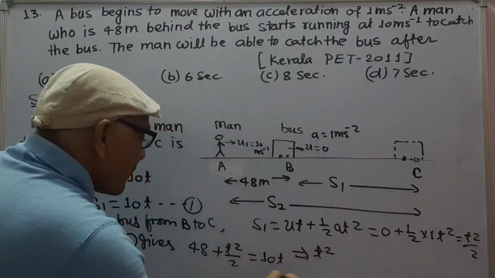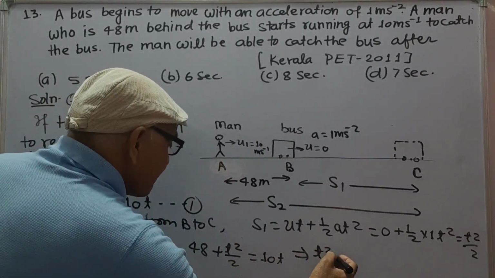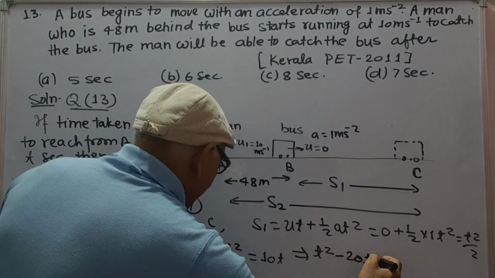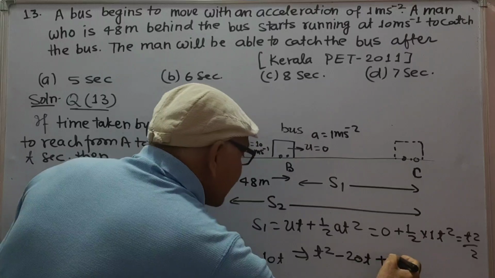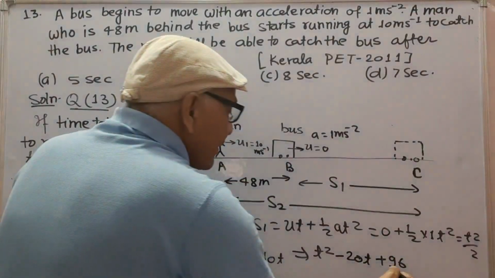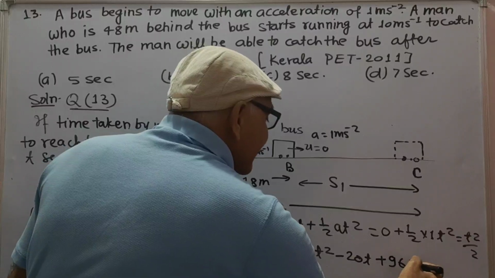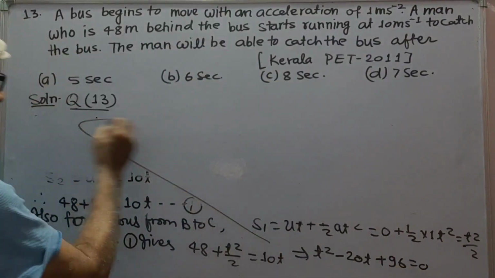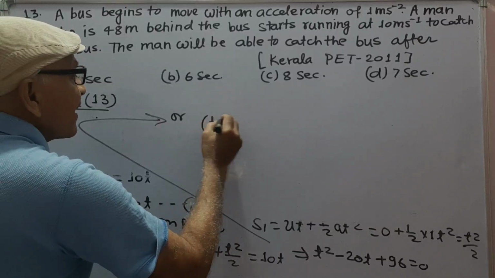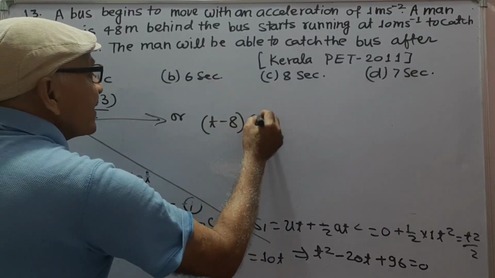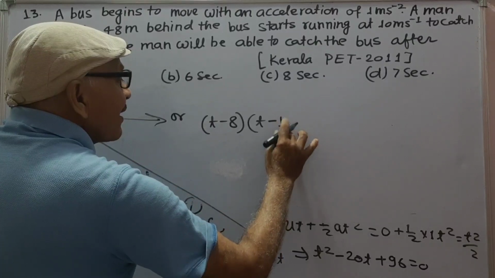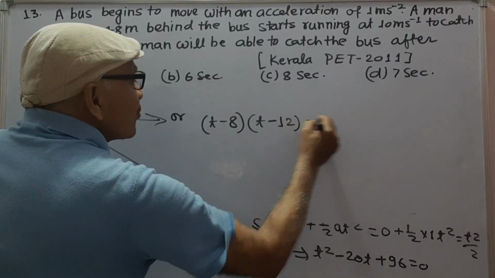t square minus 20t plus 96 is equal to 0, or t minus 8 into t minus 12 is equal to 0.